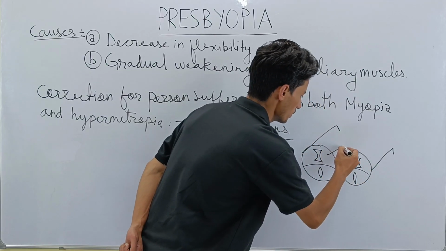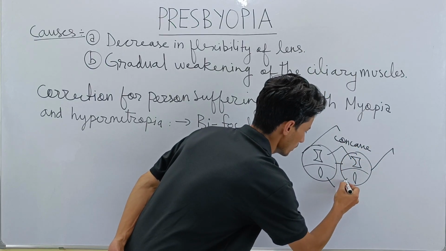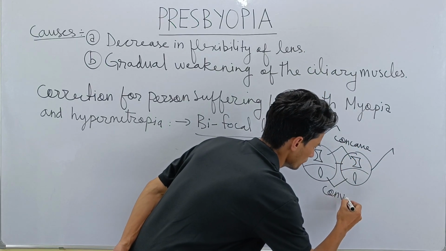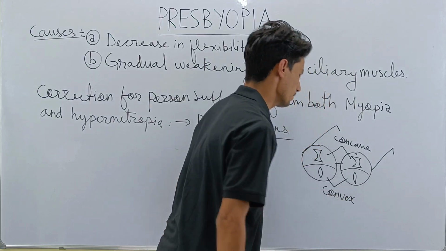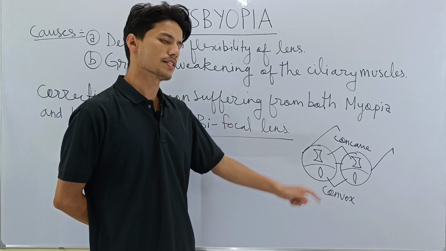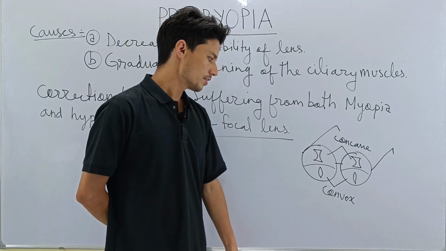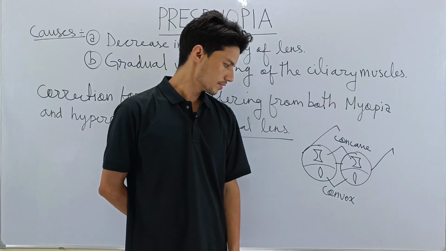So this is the concave glass and this is the convex. Such type of glasses are called bifocal lenses. They have both types of glasses, upper part concave and lower part convex.